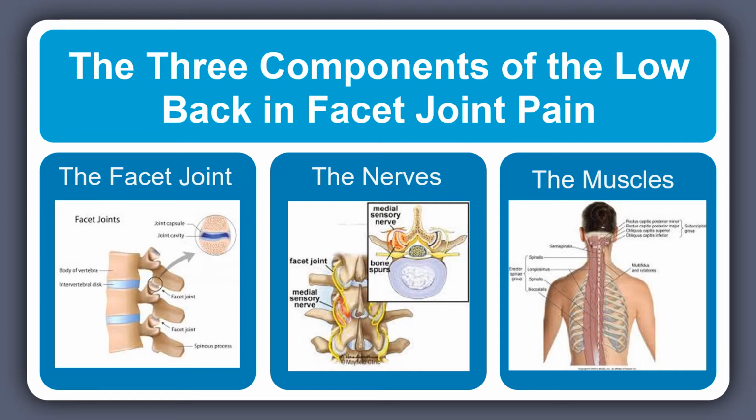So in the lumbar spine, this primarily allows us to bend forward and backwards. There's nerves that go directly into this joint and help with motor and sensory activation to that joint. And then there's the muscles that overlap over the joint as well. So when this is aggravated, all of those are contributing to that.